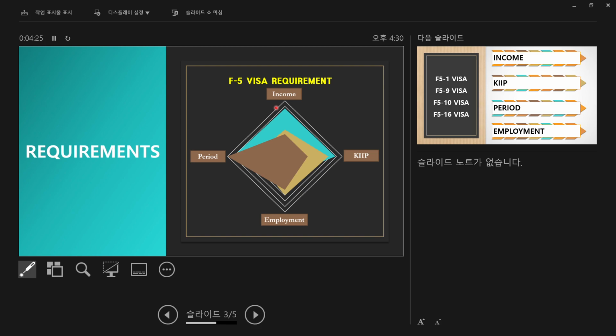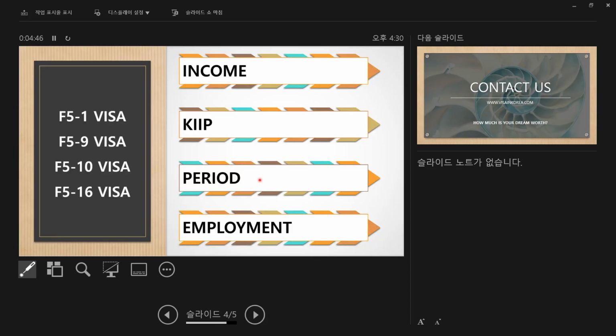It will vary, but the common requirements are four. The first, income. The second, period of stay. Third, KIIP. And fourth, employment type. We can see more details on the next page.